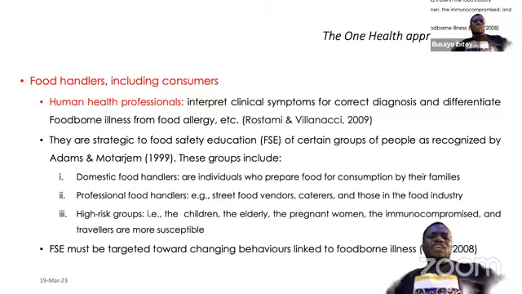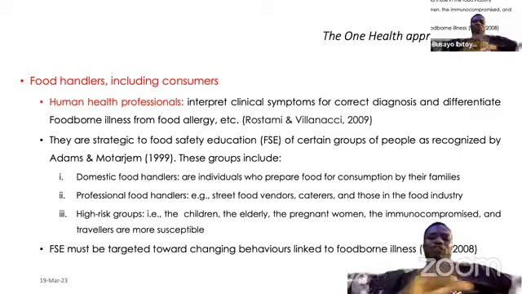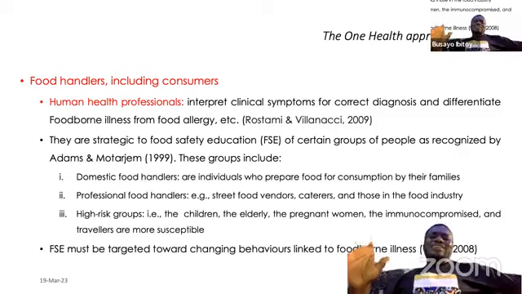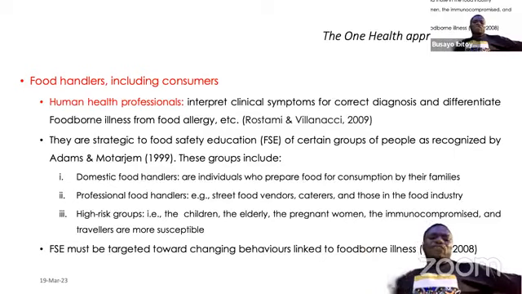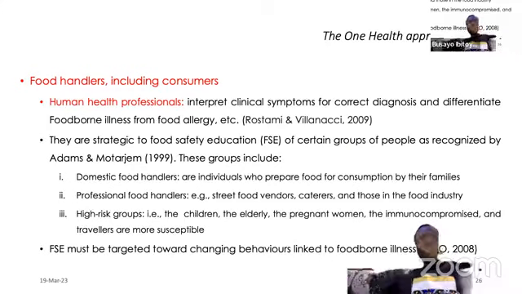Also, professional food handlers. This talks about street food vendors, caterers, and those that are working in food processing industries. They are very critical, because if you look at all these groups of people, they deal with a much larger number of people. A woman selling food on the street, you know, Tom, Dick, and Harry come buy food from her or him and go.